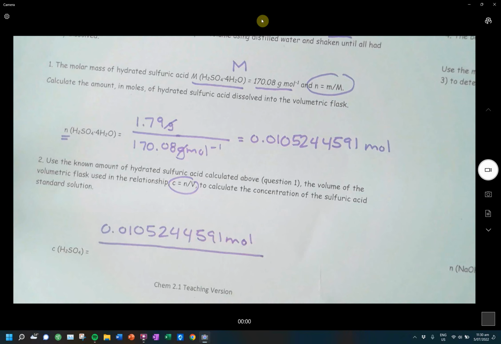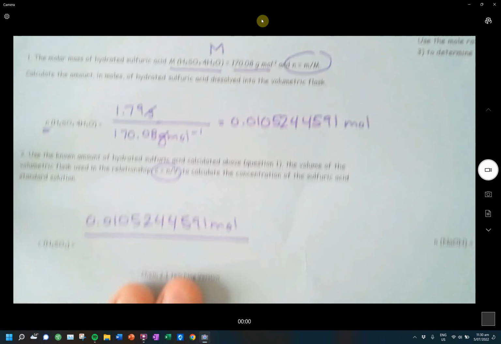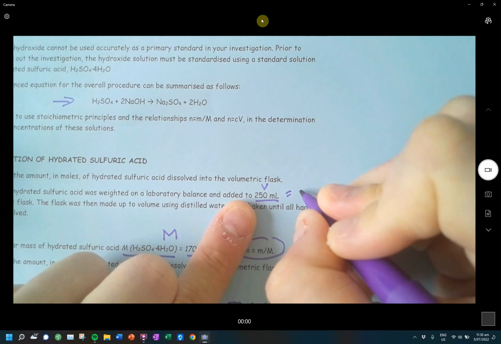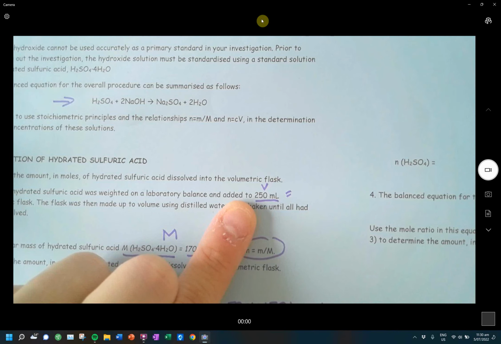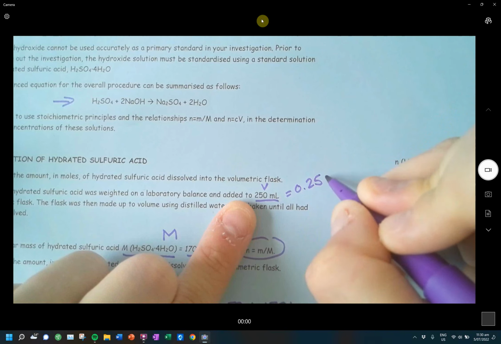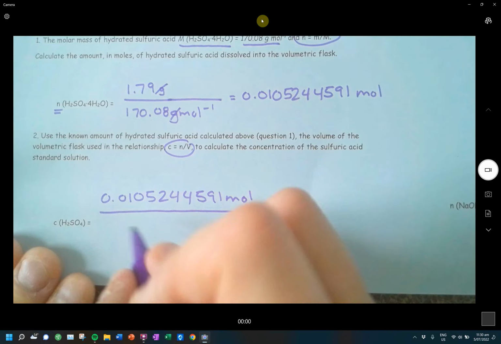Now, something you need to keep in mind is that you need to make sure your volume is in liters. So if I have 250 milliliters, how many liters is that? Divide it by 1,000, so 0.25 liters. So that's what I put down here.